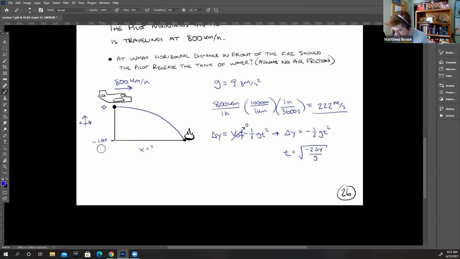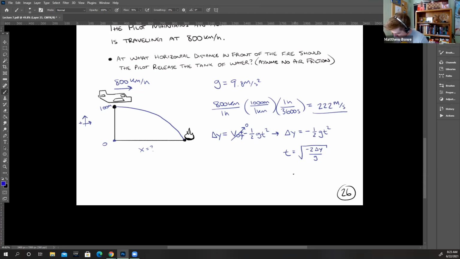We could either arrange it like this, or I think I had it the way I preferred at the beginning. Let's call the origin right here 0. And up here, the plane is flying at 100 meters. It's going to give me the same result. It's just that this, I think, is a bit more clear to see.